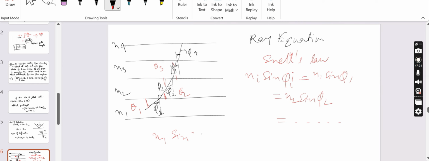So n1 sine phi 1 is equal to n2 sine phi 2 and so on. That is, ni sine phi i. So sine phi would be equal to cos theta.